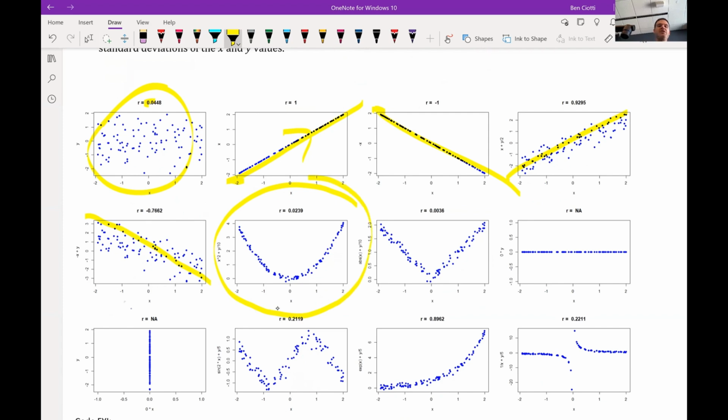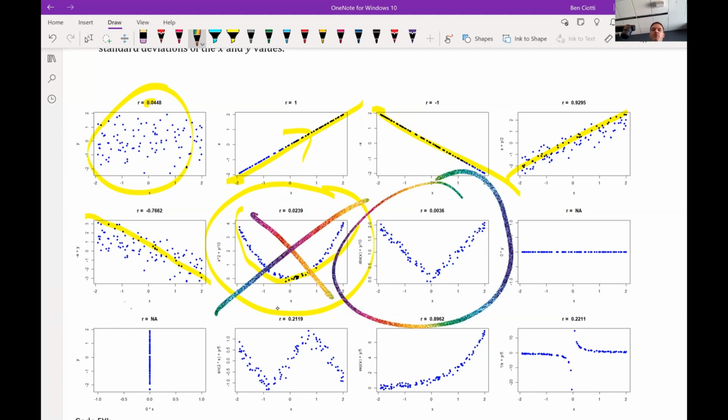What does the correlation say about this scatter plot, or this relation? Like, look at this parabolic relation. Is there a strong relation here? Yes, clearly. But is it linear? No. So correlation is not meaningful for such a relationship.